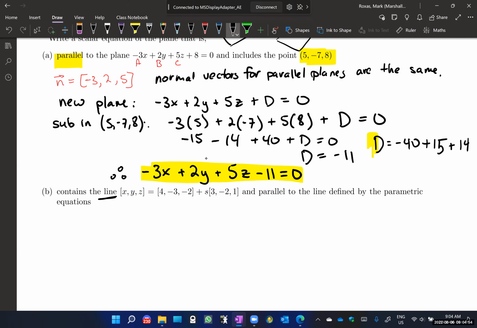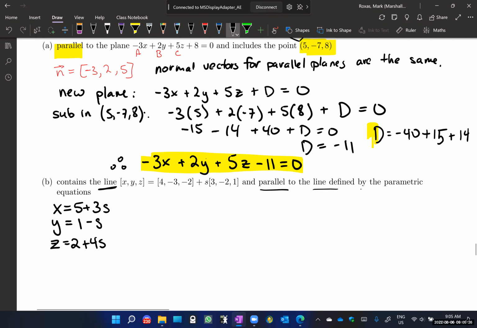So I want a plane that contains the equation of this line, and it's parallel also to the line defined by the parametric equations, which are not written there. They are x equals 5 plus 3s, y equals 1 minus s, and z equals 2 plus 4s.